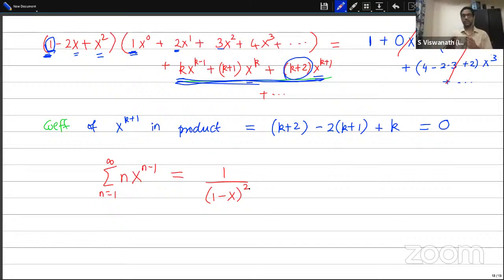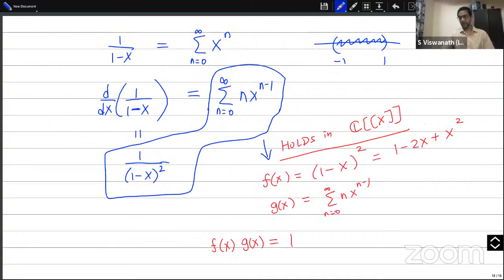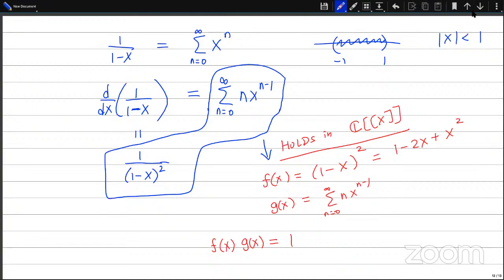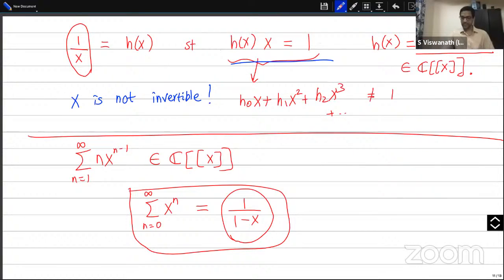So one can develop a parallel theory of formal power series. But let me not get too much into this. I'm just telling you all this to say that what we are doing is not really analysis. You don't need to think in terms of analysis. Though these notions of derivative and so on are being used here, they are all the corresponding formal versions. Okay, so let's get the final answer in this case.